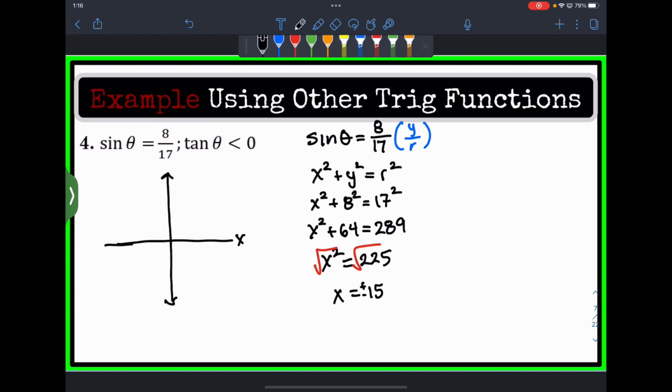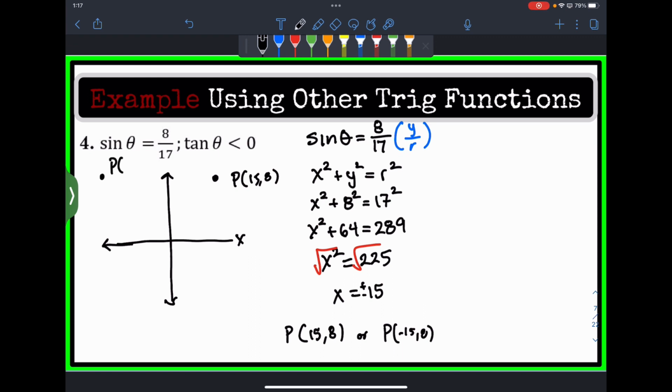So that means that the angle that we're going to create has two possibilities. Our point P can be where x is positive 15 and the y coordinate is positive 8, or it could possibly be that our point P, on the terminal side of this angle, is negative 15 and positive 8. So there's two possible locations and two possible quadrants we can be in.